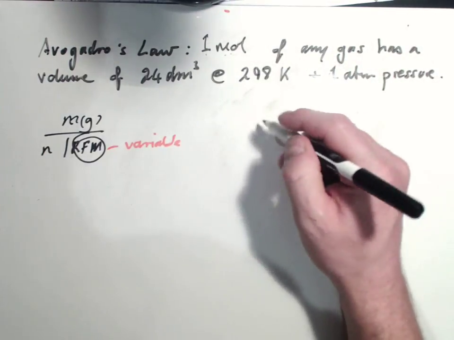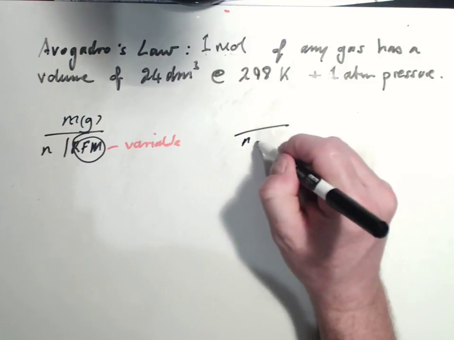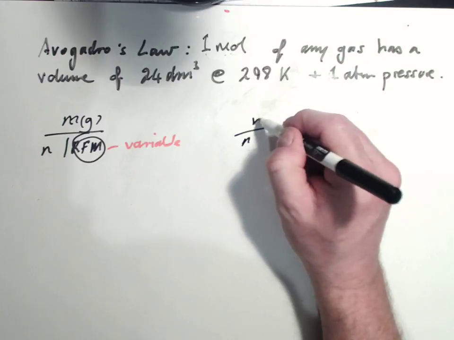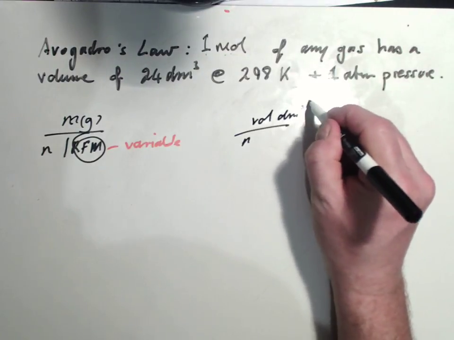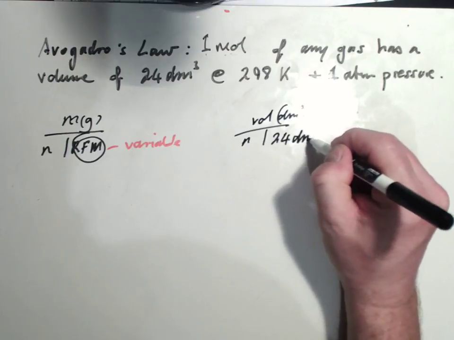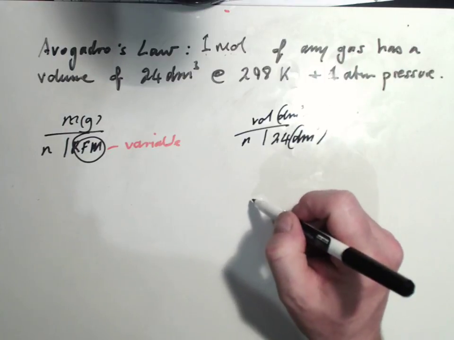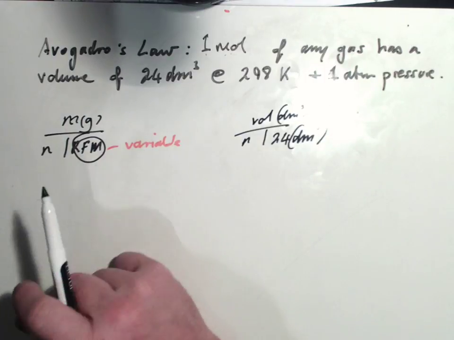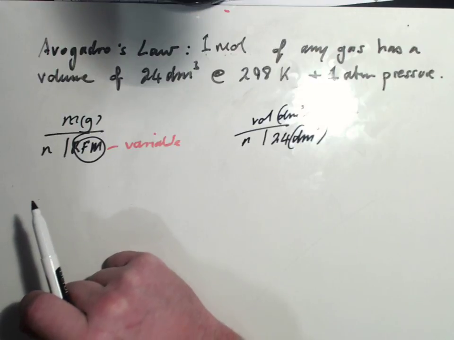Now, if I apply this law to gases, the number of moles of a gas is equal to the volume, in decimeters cubed, over 24, because 1 mole of any gas has a volume of 24 decimeters cubed, whereas 1 mole of any solid has a mass which depends on its RFM.